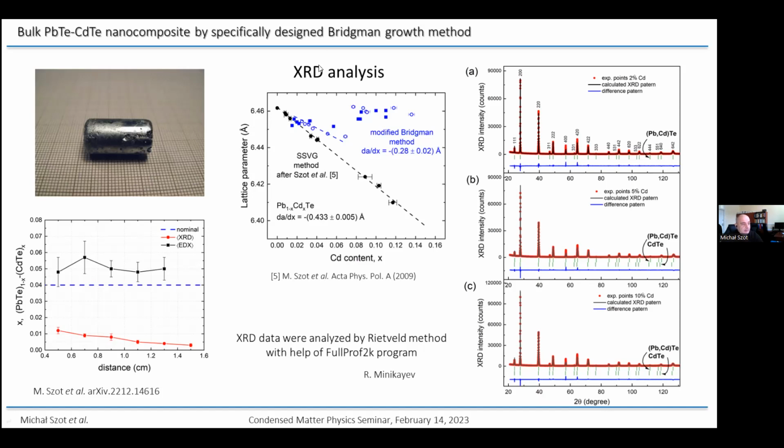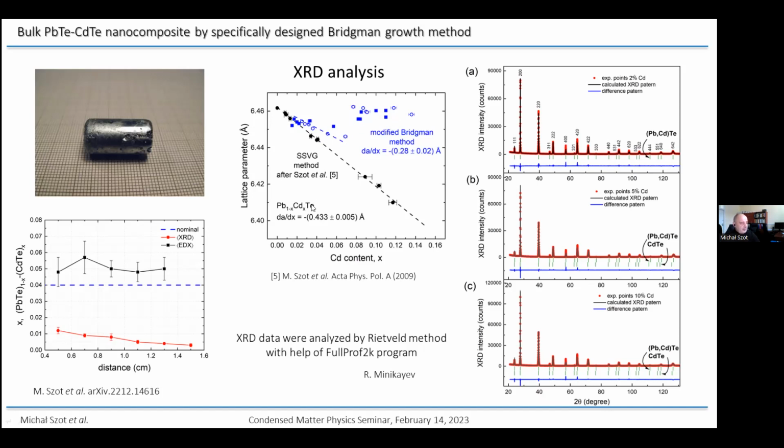We have also found that the lattice parameter of our nanocomposite follows the changes with cadmium content observed for monocrystalline samples up to cadmium content of about 2%. For higher cadmium content, the lattice parameter decreases much slower, or remains unchanged.